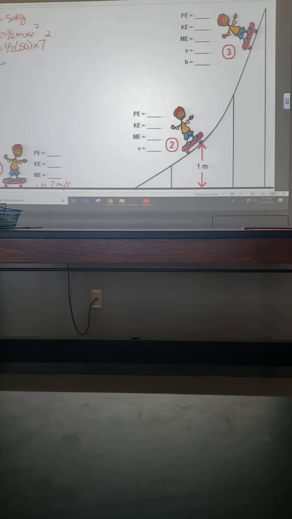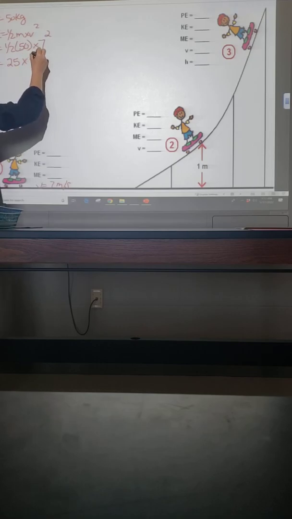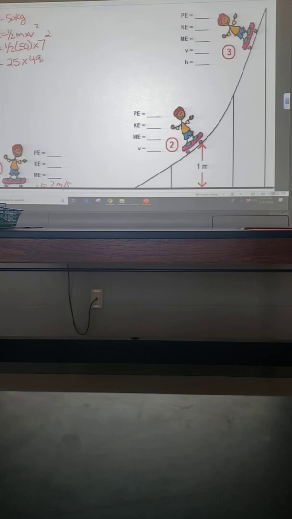Half of 50 is what? If I take 50 divided by 2, what do I get? 25. All right, and then I bring down my multiplication, and I can also simplify my 7 squared, and what does that become? 49. Okay, so now I'm taking my 49 and my 25. What do I get when I multiply those two together?